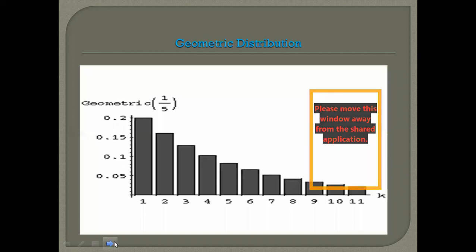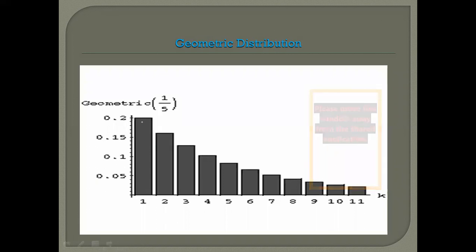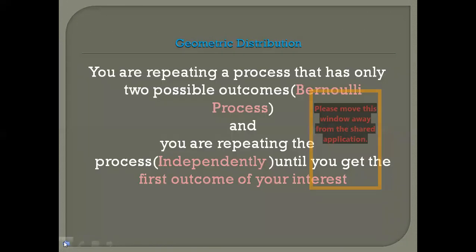Now, this is how a geometric distribution looks. You can see that at first it has a probability of 0.2. Why does it have a probability of 0.2? Let's understand a bit. We have a Bernoulli process and each outcome has its own probability, right?